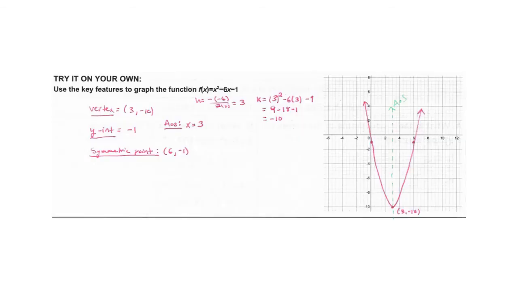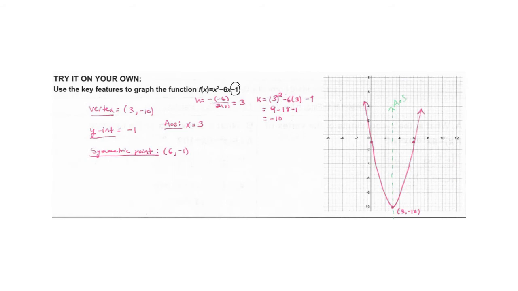All right, so here's the solution, right? We solve for h, opposite of b over 2a, right? Opposite of 6 over 2 times 1, so we get 3. Substitute it into our function and solve for k, we get negative 10. So our vertex is 3, negative 10. We find our y-intercept. I didn't even substitute in 0 because you know it's going to be that c, or that constant, right?